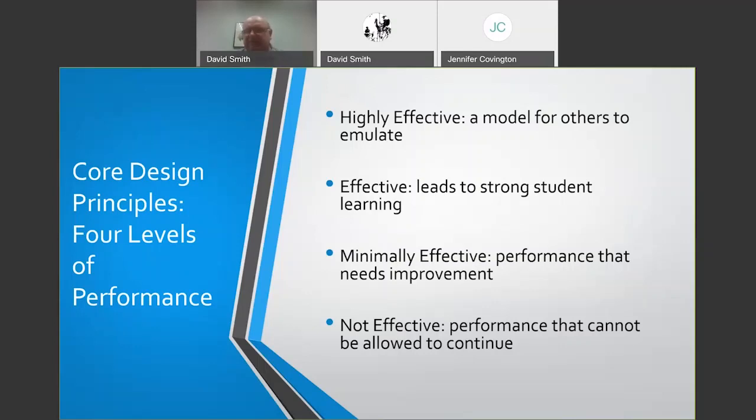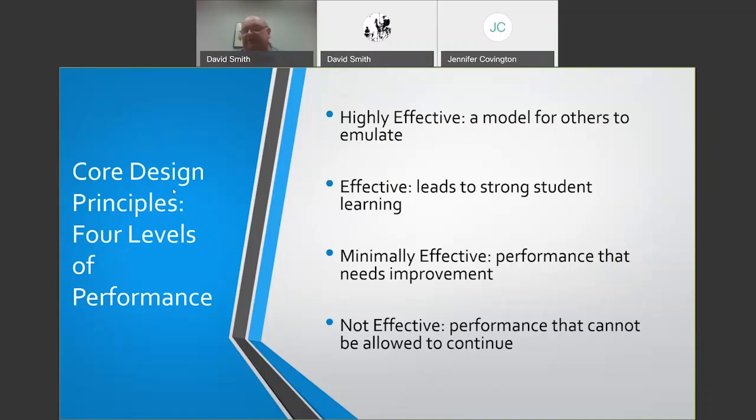The nice thing that we've been able to do with this system is we've been able to say, if you're highly effective, then you are a model for other people to emulate. That's basically what highly effective behavior looks like. You're so good that other people ought to be doing the same things that you're doing. So that's highly effective. And of course, that's defined into much smaller grain sizes than that.